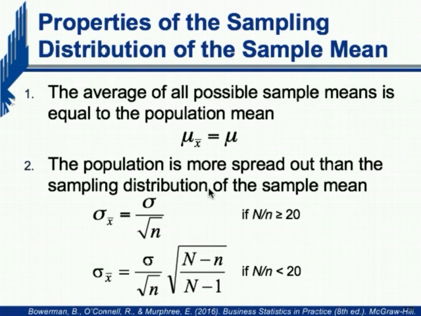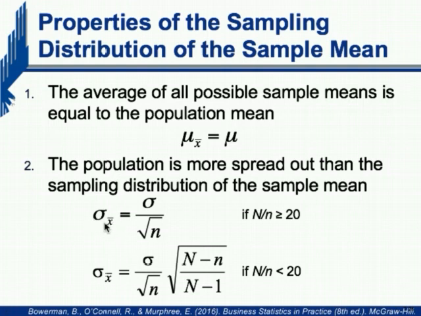And mathematically, that is explained by the difference between sigma sub x bar and sigma. Again, sigma is the population standard deviation of all values of the random variable x, while sigma sub x bar is the standard deviation of all possible sample means. So again, this computes for the standard deviation of all values of x, while this one computes for all values of x bar.